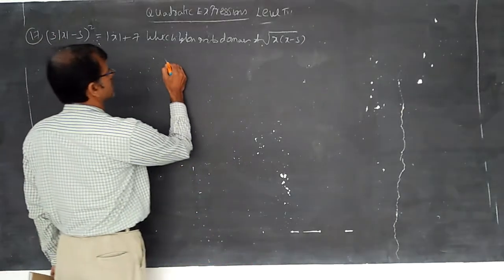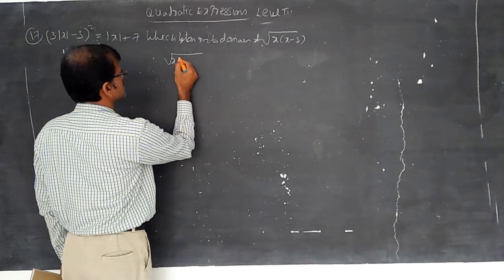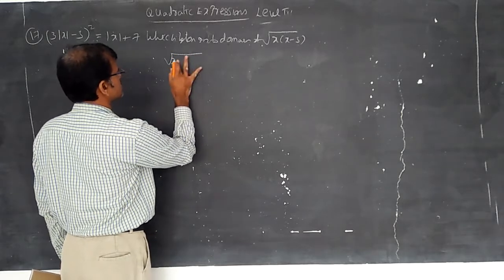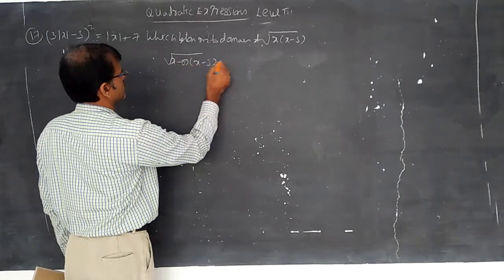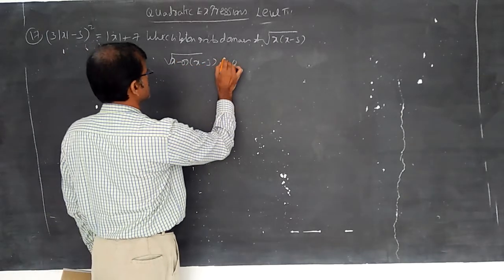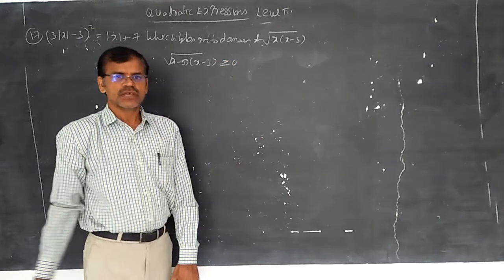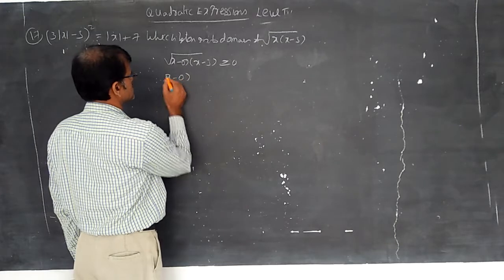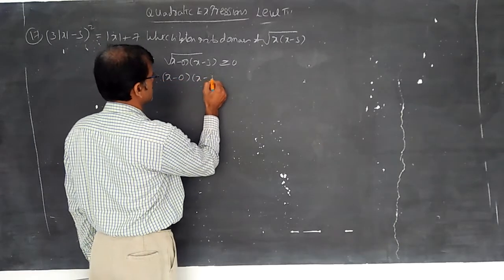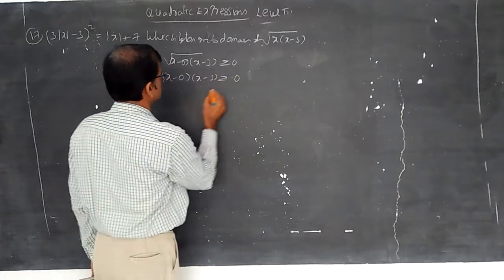So we can calculate this domain: x into x minus 3 greater than or equal to 0. By the concept of functions, every square root is greater than or equal to 0. By squaring on both sides we get x minus 0 into x minus 3 greater than or equal to 0.